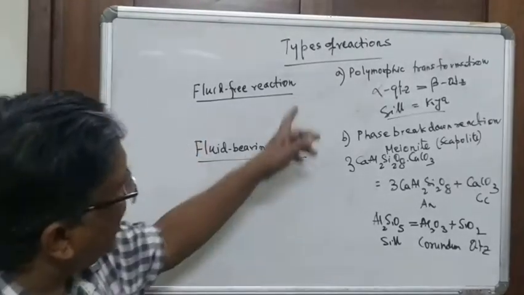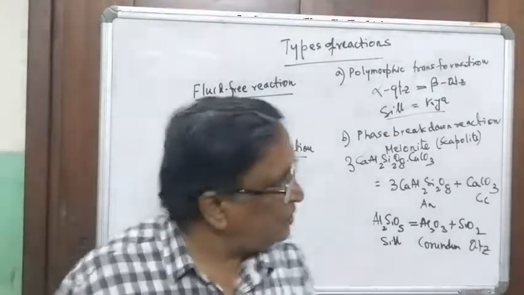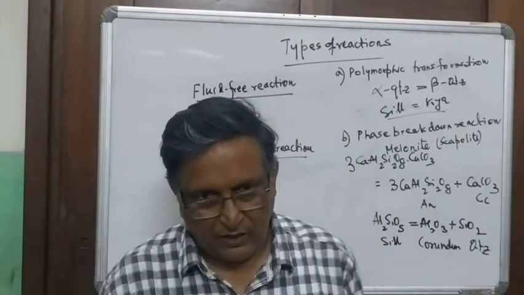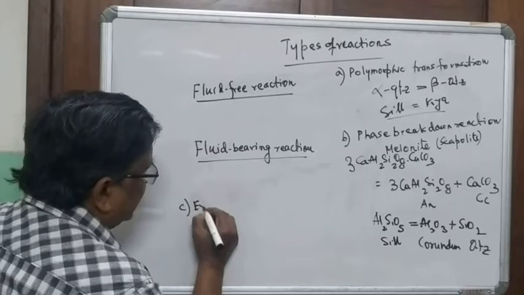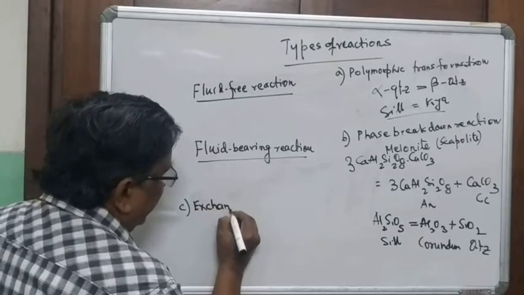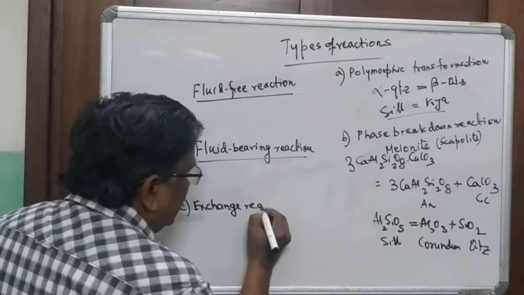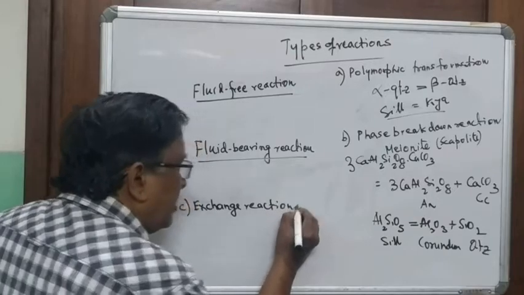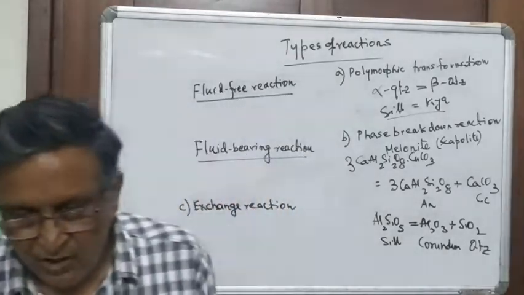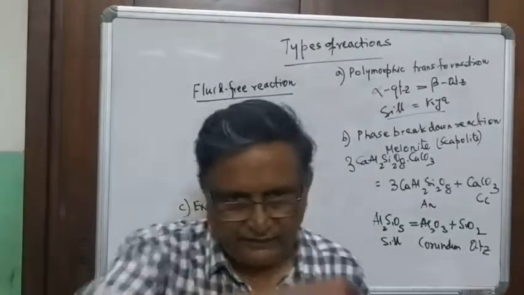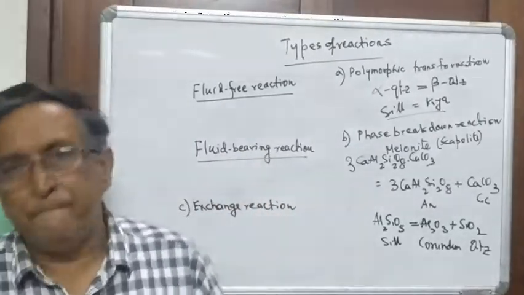So we have one, polymorphic transformation, one, phase breakdown reaction, and the other one is called exchange reactions. These are where the phases on either side of the reaction are the same.